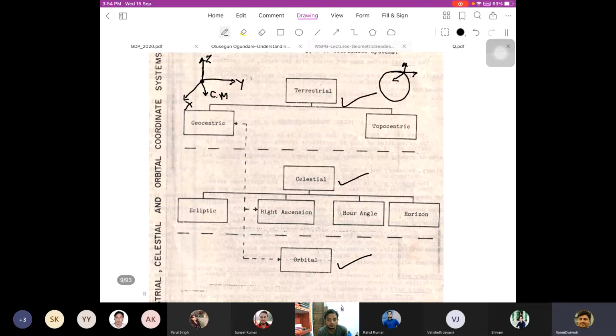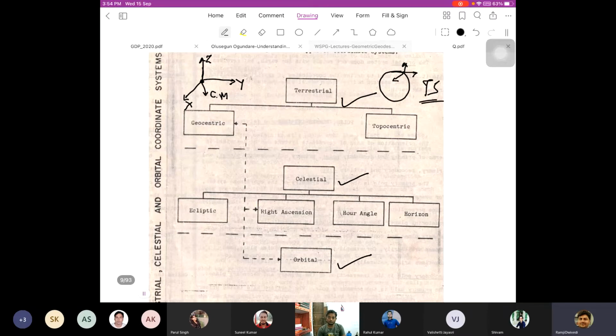That plumb bob, which is pointing towards a point, is defined under the topocentric coordinate system. That means you are not aware of where Earth's center of mass is, where we are, how it is oriented in space, but you are more interested in your local survey, local topographical mapping, local scale mapping. So at that time you define your point. Let's say you work with a total station, you define the total station at a point where you have to start the survey.